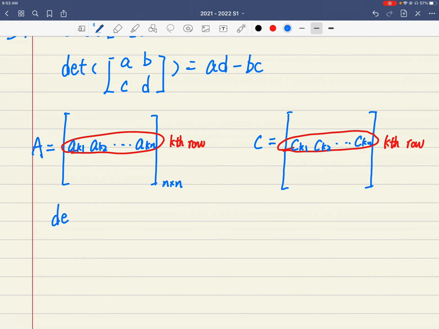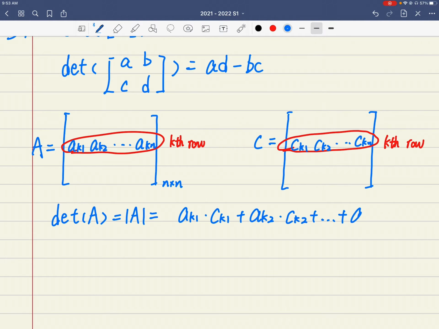Then the determinant of A is A_k1 times C_k1, plus A_k2 times C_k2, all the way to A_kn times C_kn.